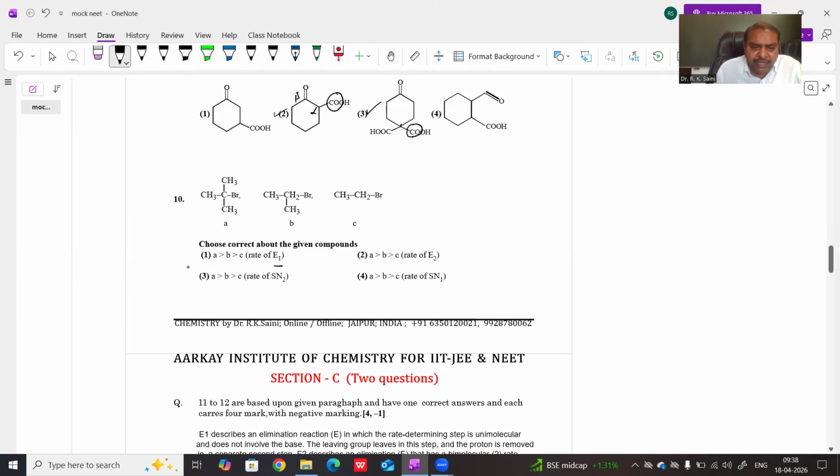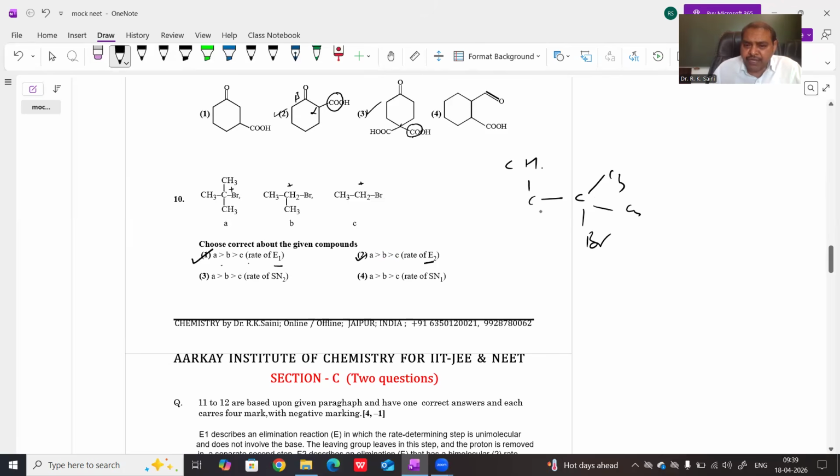The rate of E1 reaction in this order is correct because the E1 reaction depends upon the nature of the carbonium ion. In compound first, the carbonium ion is tertiary, in second it is primary. Therefore, first option is correct. And E2 is also correct because in the E2 mechanism, leaving group means bromine and deprotonation simultaneously take place in opposite direction and hence alkene characters are there.